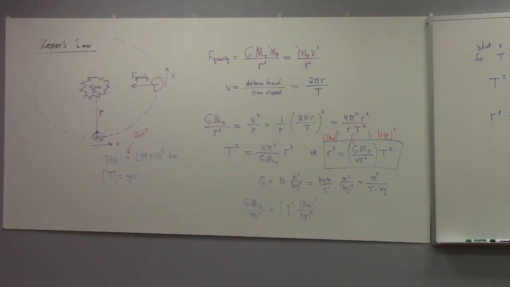How about 365 times 86,400 seconds? And I'm supposed to square that. Where did I get 86,400 from? Yeah, 24 times 60 times 60 is 86,400.